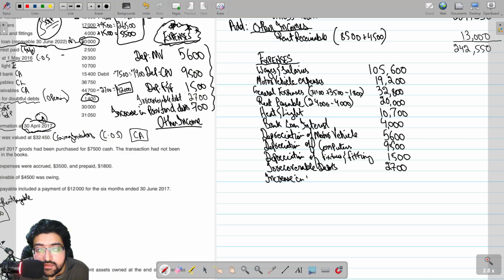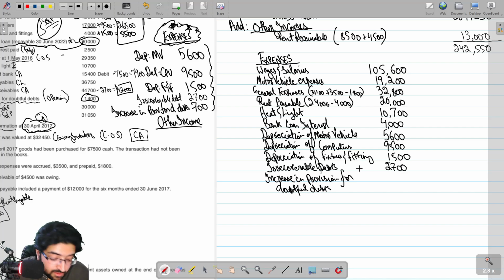Increase in provision for doubtful debts. And the amount is 700. Okay.